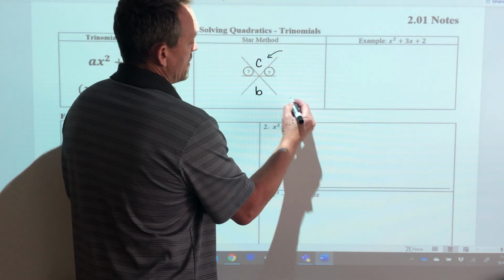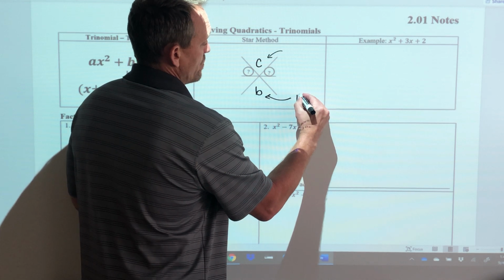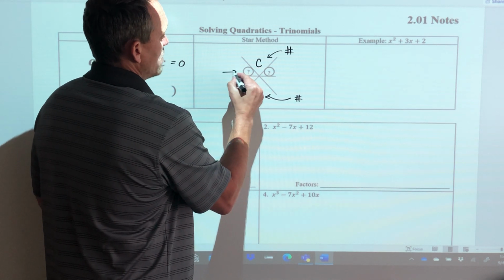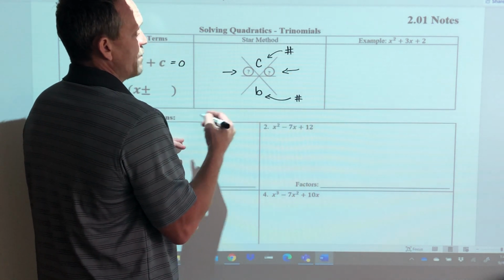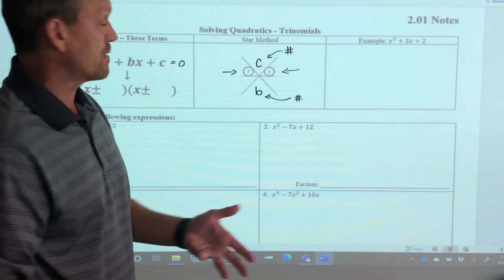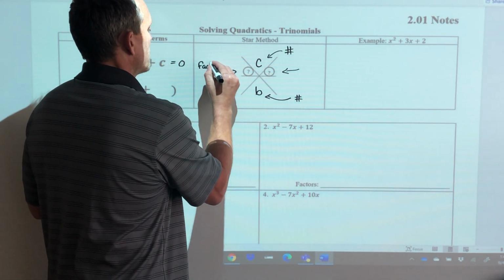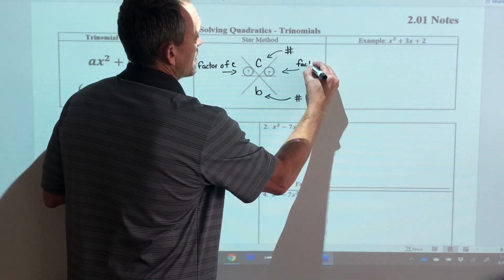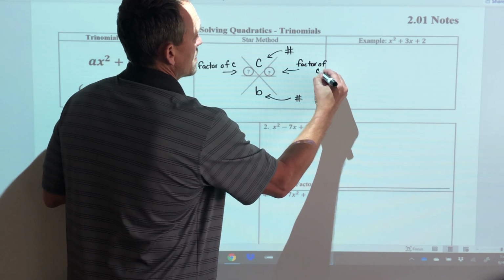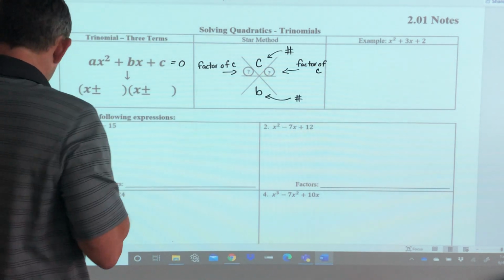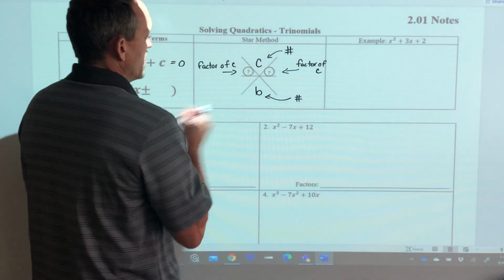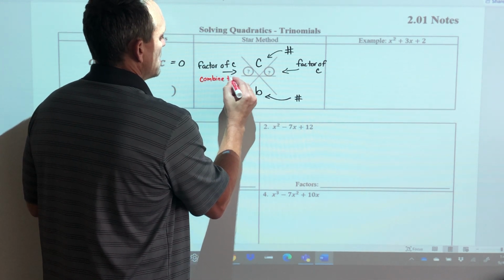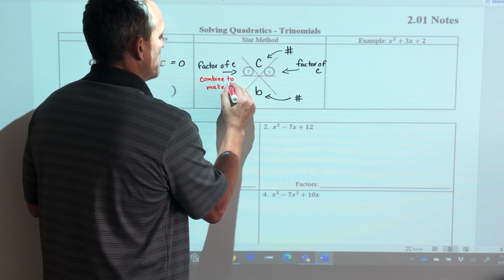This will be your B. This is the value of B, or your number, and here are your values that you're going to find that are factors of C, and additionally, they will combine to make B.